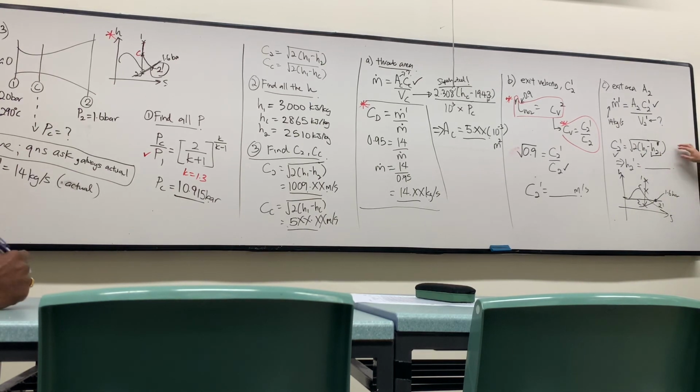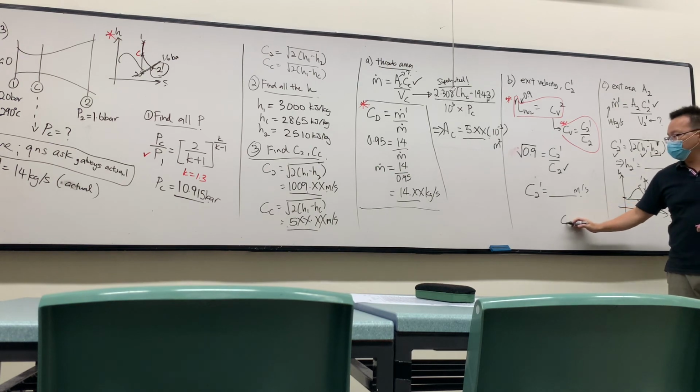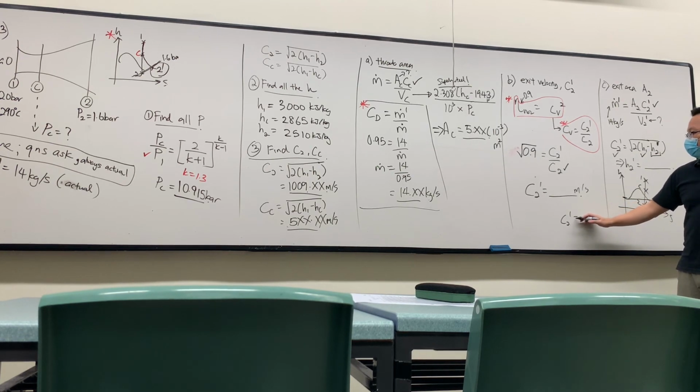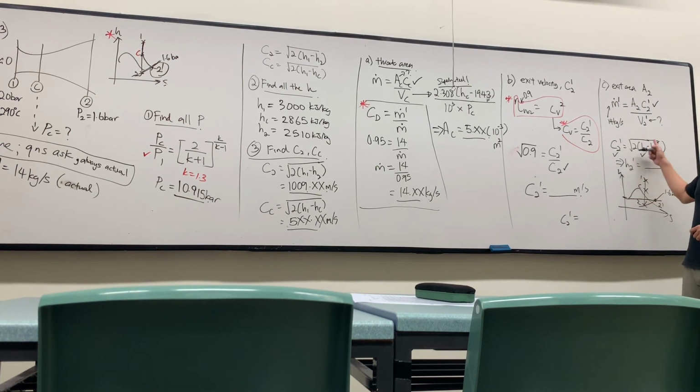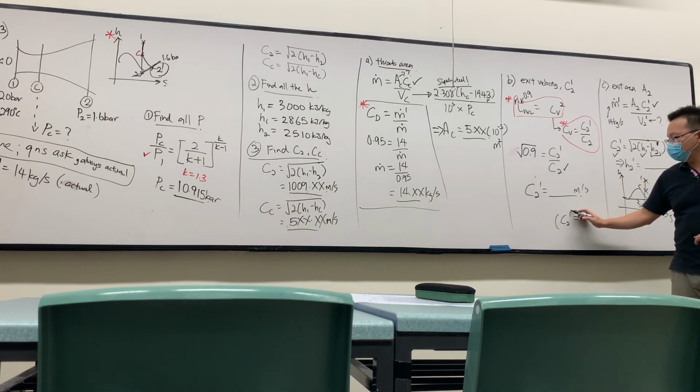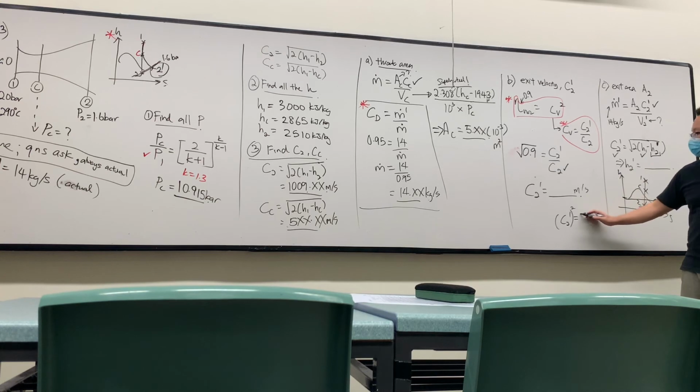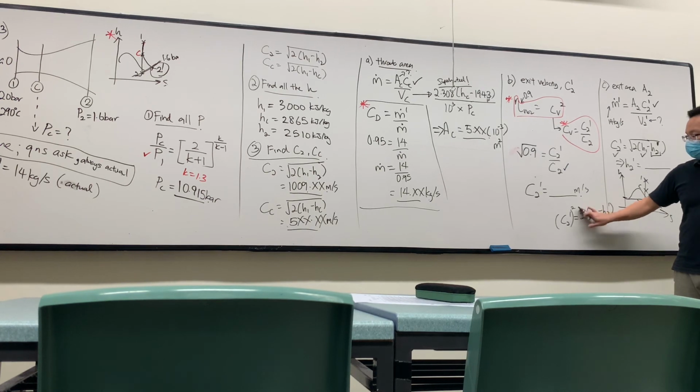Okay, those who cannot solve here: C2 prime equals square root, right? How to get to a square root? Square. Square 2 (h1 minus h2 prime). Then how to get rid of the 2? Divide.